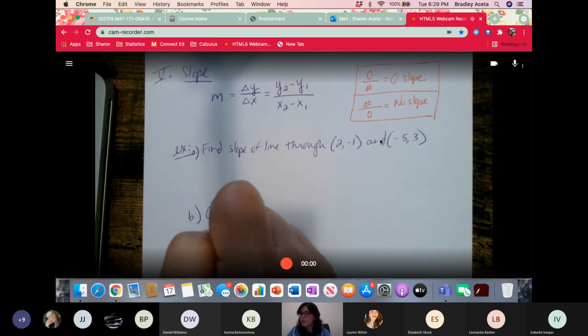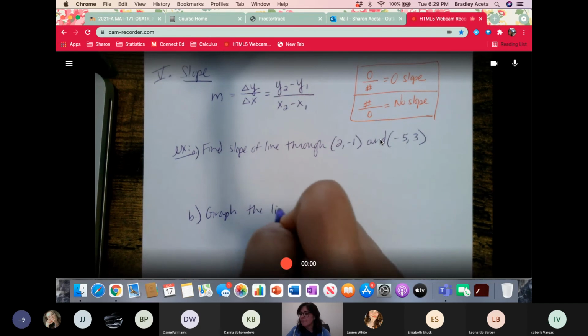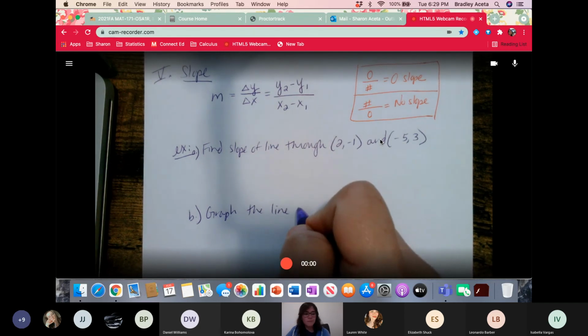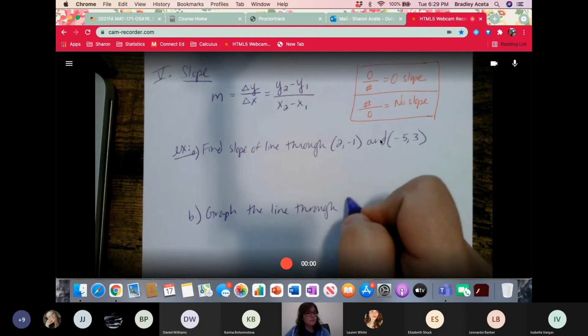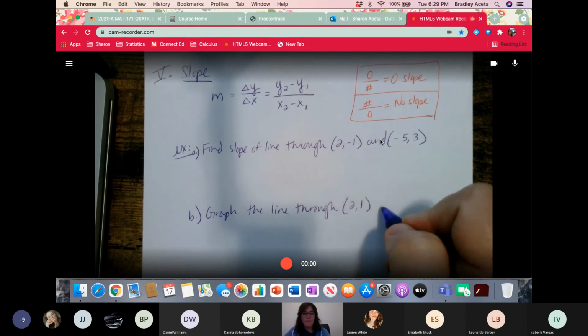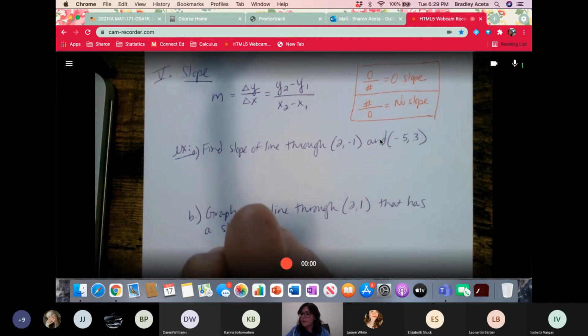And then part B will be graph the line through the point (2, 1) that has a slope of -4/3. So we'll do those together.